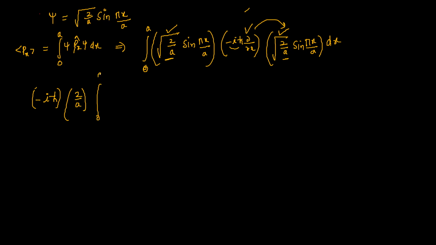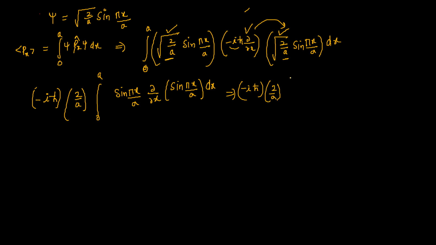Inside the integration sign, we are left with sine pi x over a, and the differentiation of sine pi x over a. Now the differentiation of sine x, we know it is cos x.